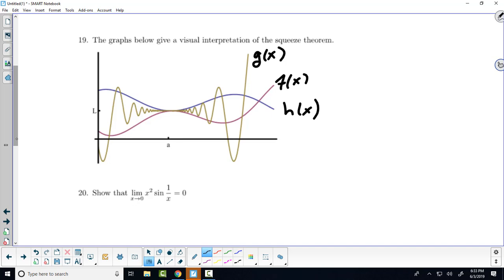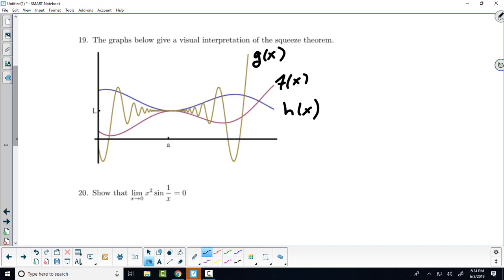It's doing that rapid oscillation that we've seen in a couple of examples. You might have some trig components. It might be really hard to pin this function down and try to do analysis on it. But notice that eventually the yellow function is always above the red function. And eventually the yellow function is always below the blue function.